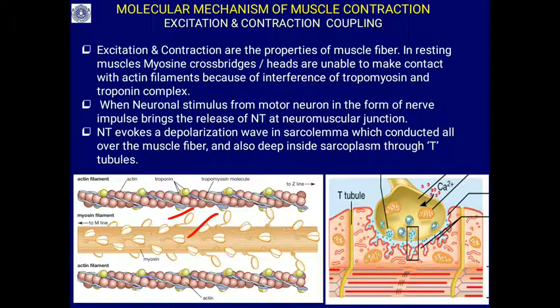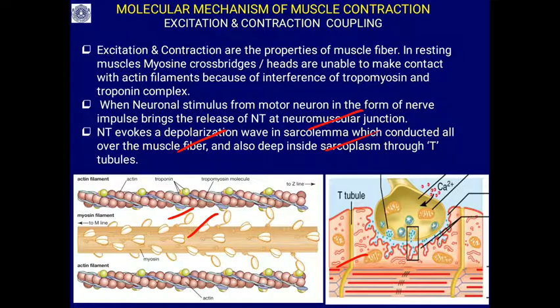When the neuronal stimulus from the motor neuron, in the form of a nerve impulse, brings the neurotransmitter into the neuromuscular junction, the neurotransmitter evokes a new depolarization wave in the sarcolemma, which is conducted all along the plasma membrane of the muscle fiber and deep into the T tubule.